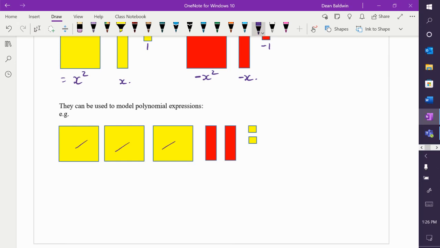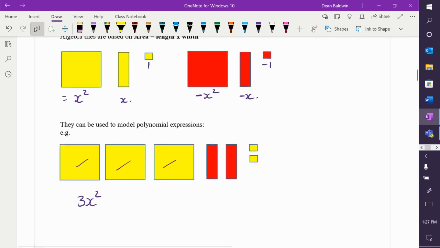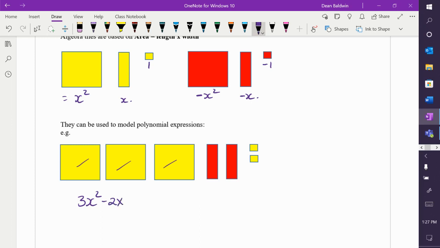1, 2, 3. So that means we have 3x squared. What do the rectangles represent? Negative x, right? A rectangle represents negative x when it's red. How many do we have? So there's negative 2x.